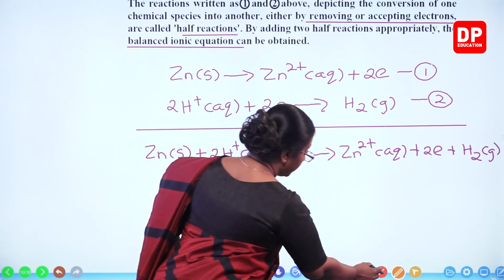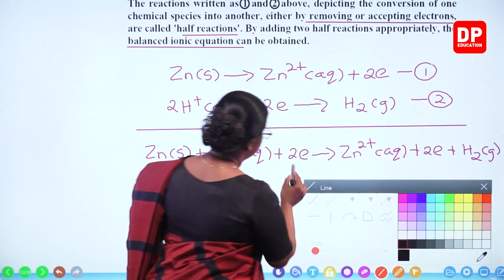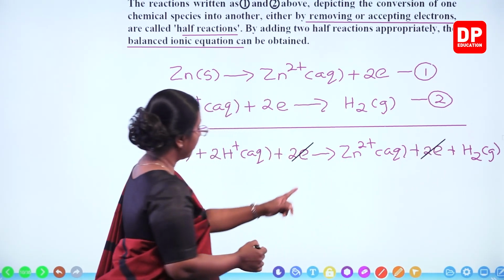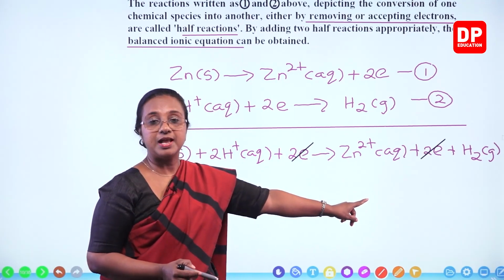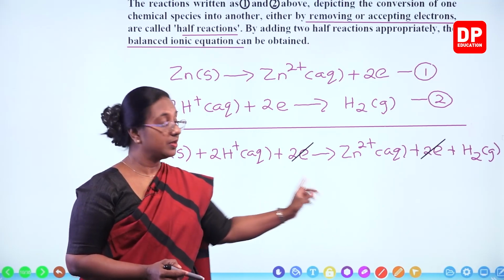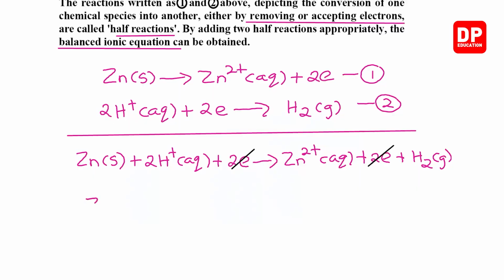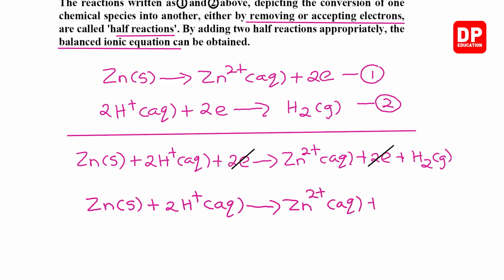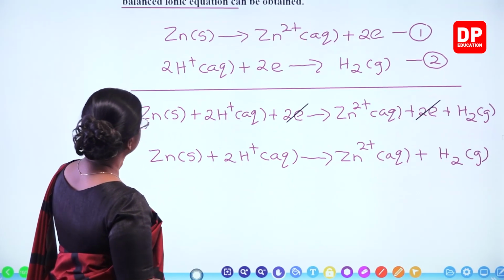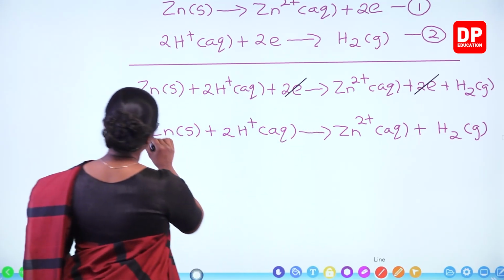And from this, you can cancel off the electrons. You have electrons on the reactant side and the product side, so they get cancelled out. Therefore, you can write this equation: zinc solid plus 2H plus aqueous giving rise to zinc 2 plus aqueous and H2 gas. This is the balanced ionic equation.